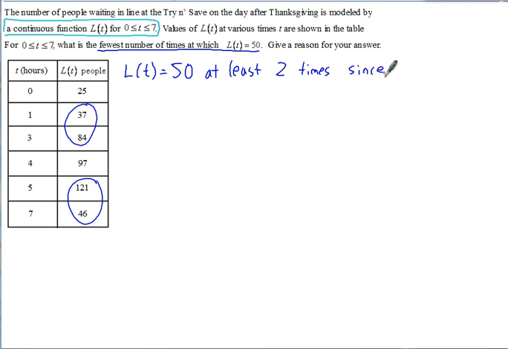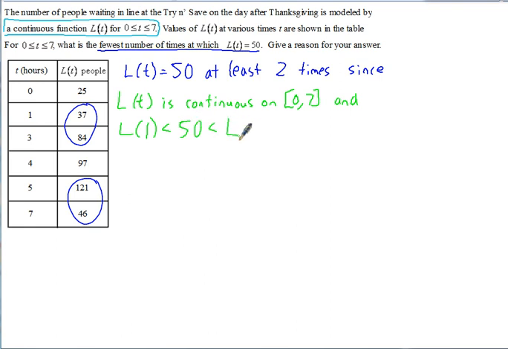since, and you could say it's continuous on each of these intervals separately, or we could just say since L of t is continuous on the interval from 0 to 7, writing this in interval notation instead of inequality notation. And we know that L of 1, since that's the smaller of the values, is less than 50, which is less than L of 3.